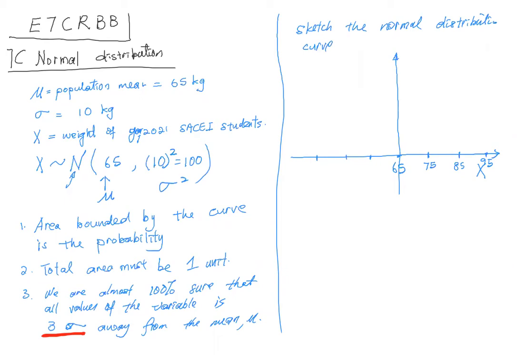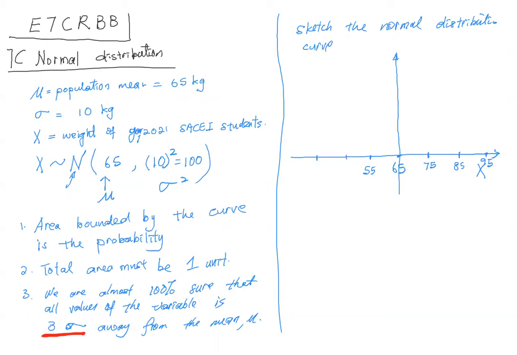Then the other side will be 65, 55. Do you know why I put 55 there? Can someone tell me how I get the value of 55? Yes, minus 1 standard deviation.